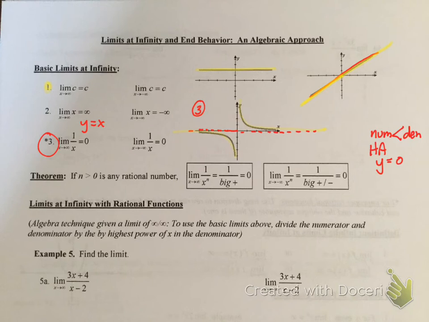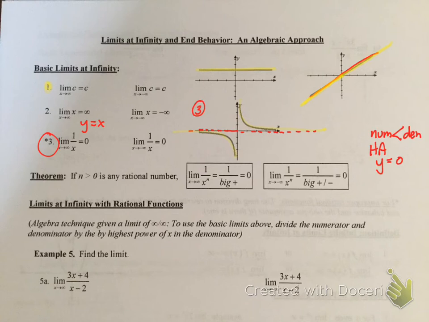So there's a theorem. If n is greater than 0 in any rational number, and I'm taking the limit as x is approaching infinity of 1 over x raised to the n, I'm getting 1 over a really big number. And whenever you have 1 over a very, very large number, it's approaching 0. So if I have 1 over 1 million, what's the value? 0.